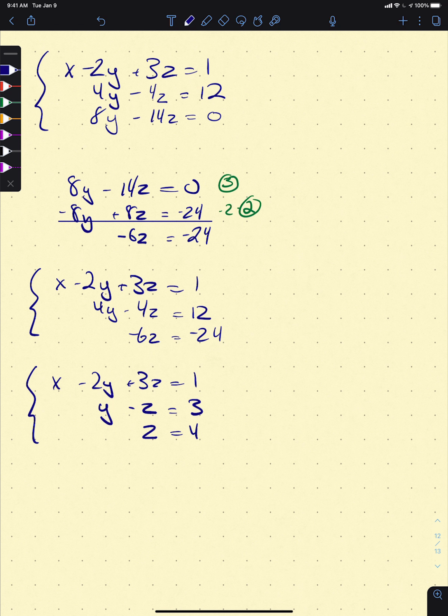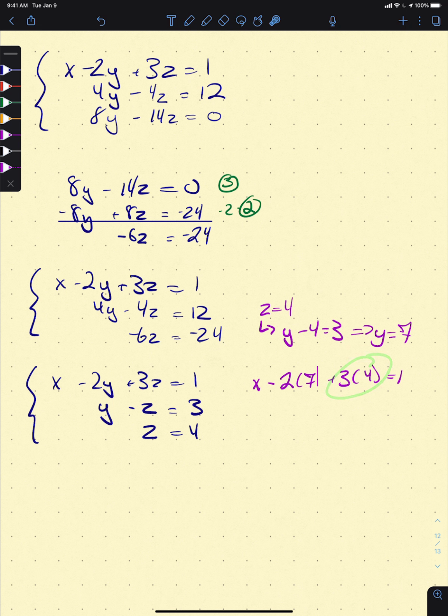Okay. So now we want to go through the process of back substituting, right? So we know that z equals 4. That's going to tell us that y minus 4 equals 3, or rather, y equals 7, okay? Then we're going to have that x minus 2 times 7 plus 3 times 4 equals 1.